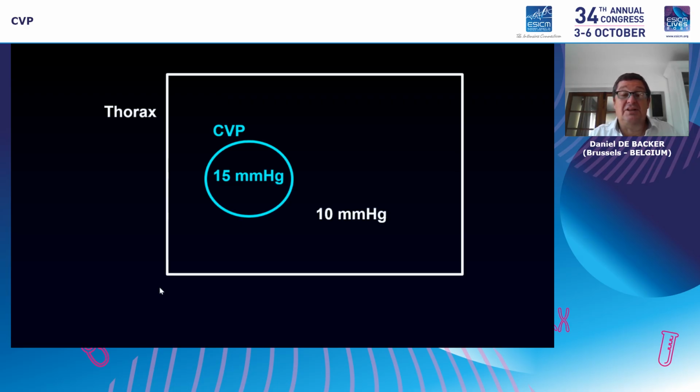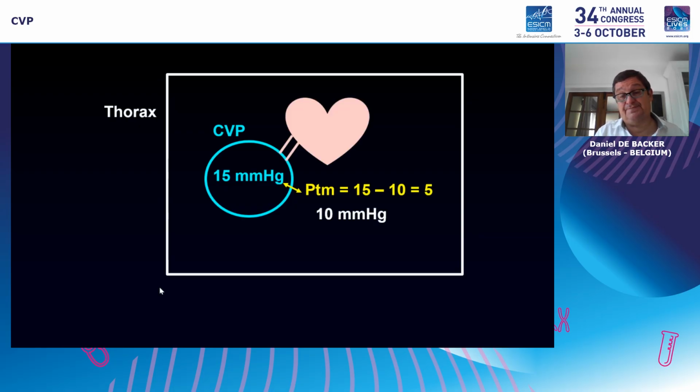Well, we know that it is within the thorax. And if the thorax is submitted to a pressure of 10, this means that the transmural pressure will be only 5. So for the heart itself, be it right ventricular preload or right ventricular function, it's only a CVP of 5 that this patient has.